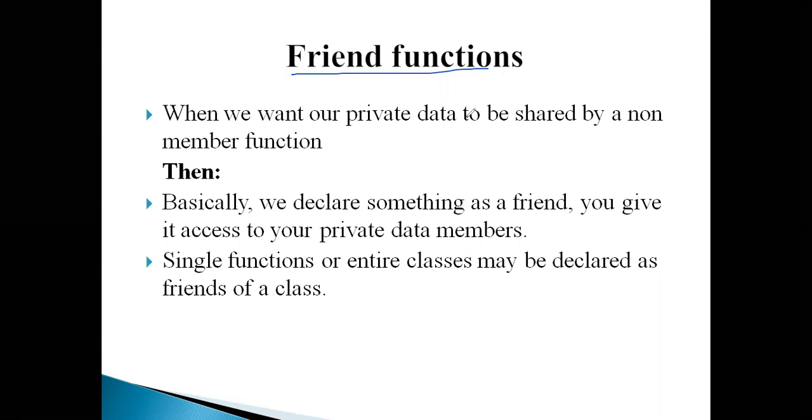Now, whenever we want to share our private data by means of a non-member function, a member function is a function related to that particular class only. But now I am going to share the class's private data with a function which is defined or declared in some other class, which is specified as a non-member function.